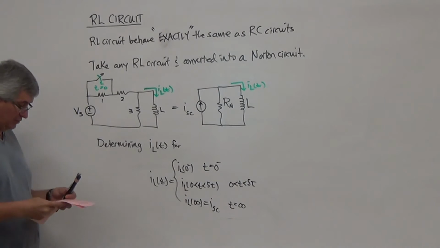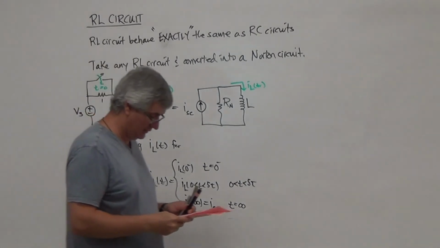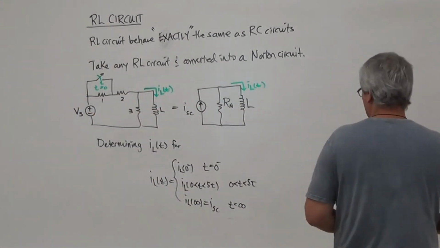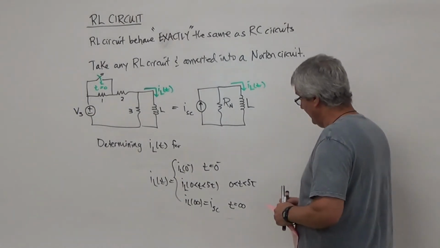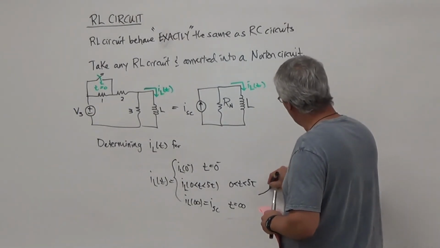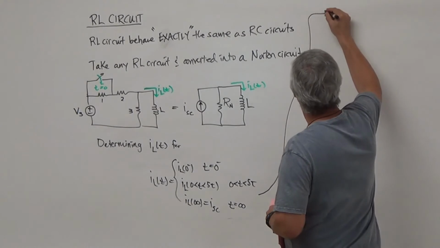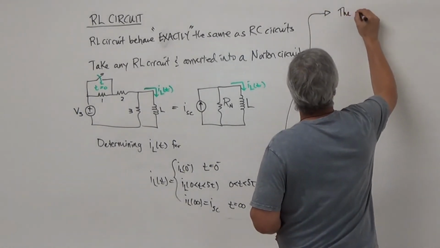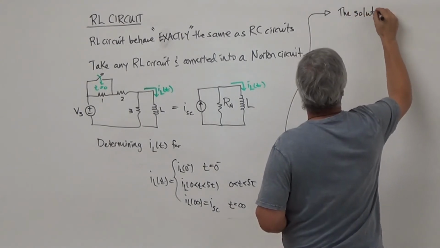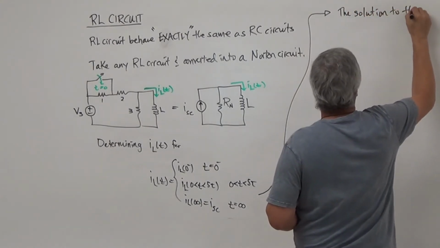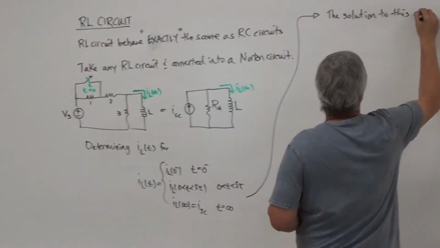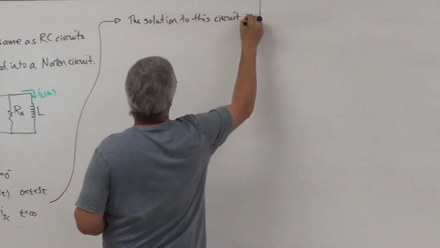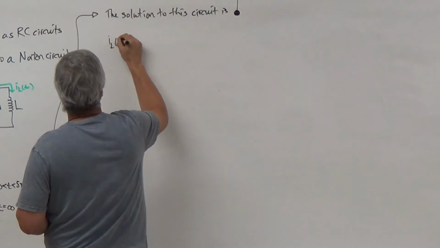So what we'll do here is try to talk our way through this thing a little bit. But before we get to the chase, what we're going to see is that the solution to this circuit is IL of t.